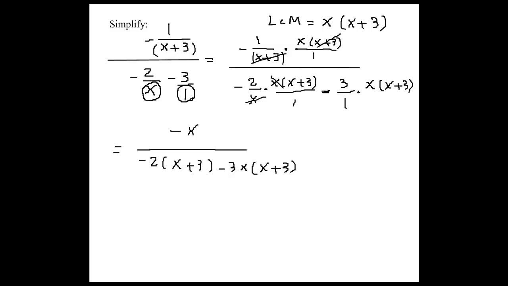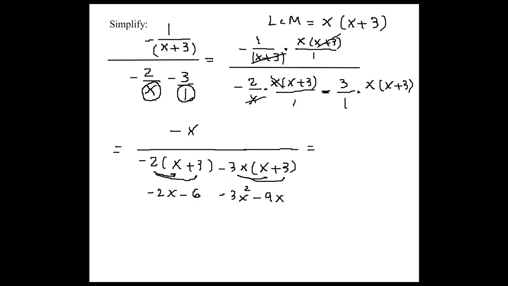See how I change this complex fraction into a regular fraction by simply multiplying each term by LCM. And the next step would be to distribute and combine like terms. So here we get minus 2x minus 6. Here we get minus 3x to the power of 2 minus 9x.